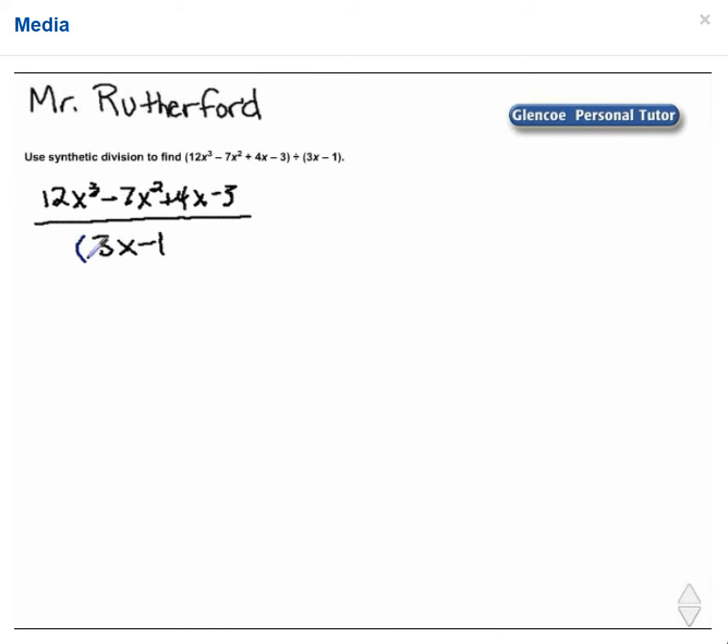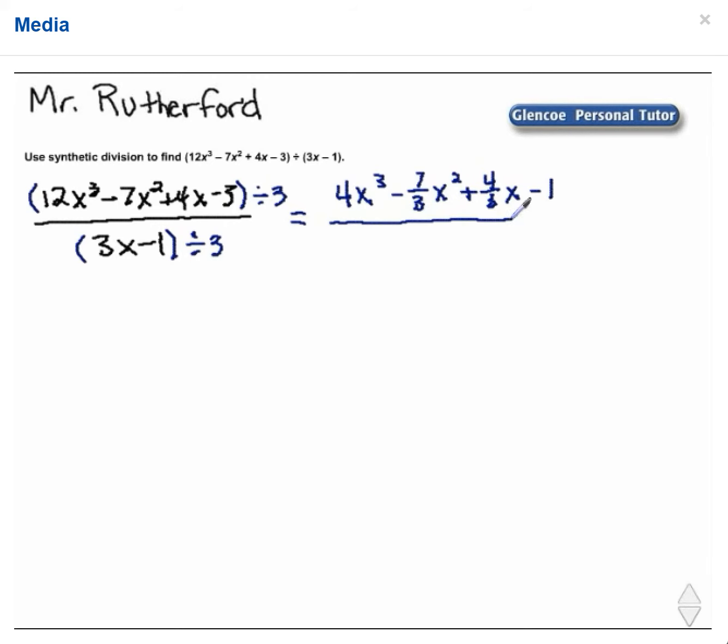So what we can do is divide both the bottom and the top by 3. This means dividing each term in the numerator and denominator by 3. So our numerator then, if we did each term divided by 3, will be 4x cubed minus 7 thirds x squared plus 4 thirds x minus 1.